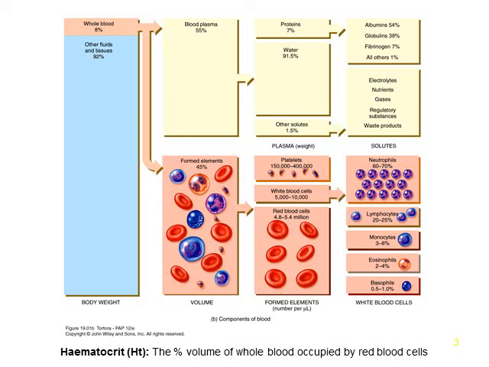of that is protein, and other solutes such as electrolytes, nutrients, gases, regulatory substances and waste products account for the final 1.5%. Of the formed elements in blood, 45% total volume consists of platelets, white blood cells and the red blood cells. The red blood cells are by far the most numerous of these formed elements.